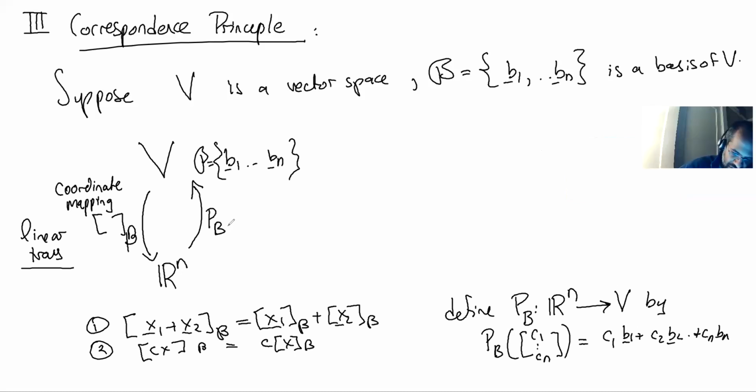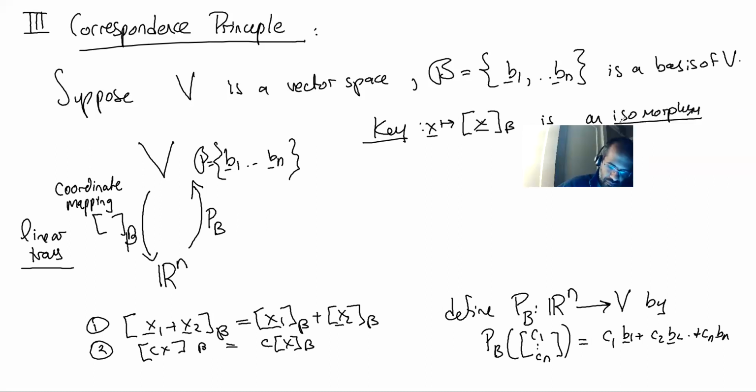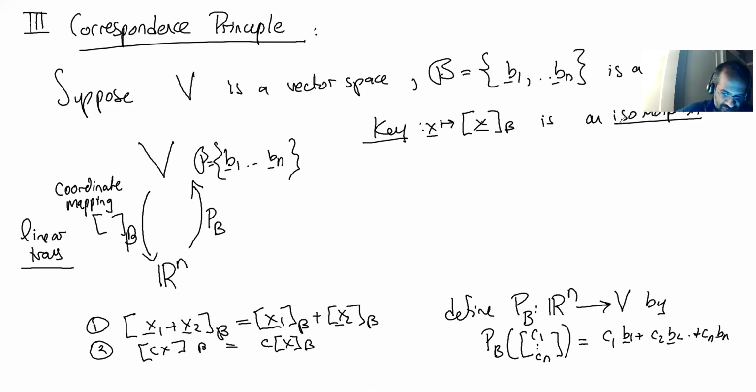Okay, so the key is that x goes to its coordinate vector is an isomorphism. This is true for any vector space that has a finite basis. That's important. Not all of them do. But for any vector space that has a finite basis, the coordinate mapping is an isomorphism.